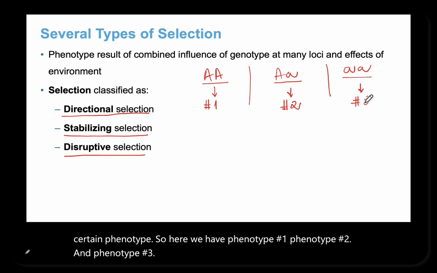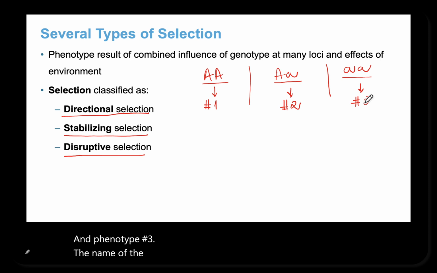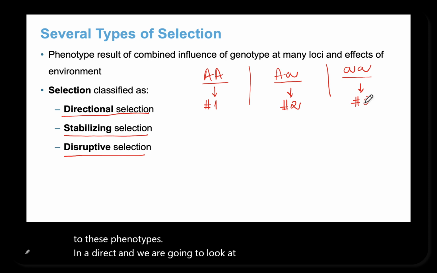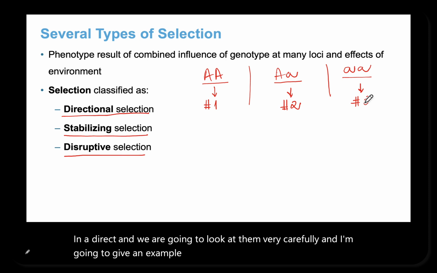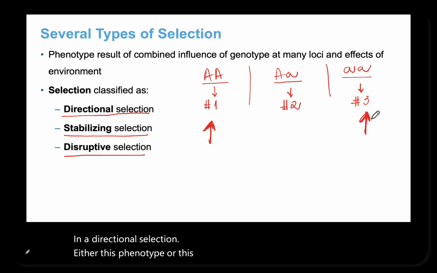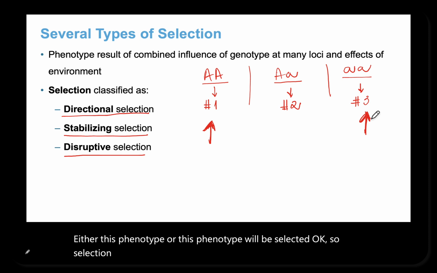The name of the selection suggests what the selection is doing to these phenotypes. We are going to look at them very carefully, and I'm going to give an example. In a directional selection, either this phenotype or this phenotype will be selected. Okay? So selection will favor one and will be against the other.